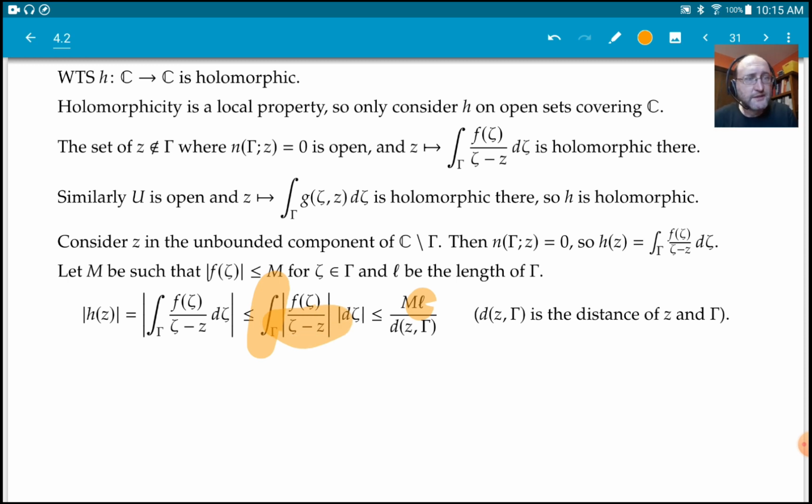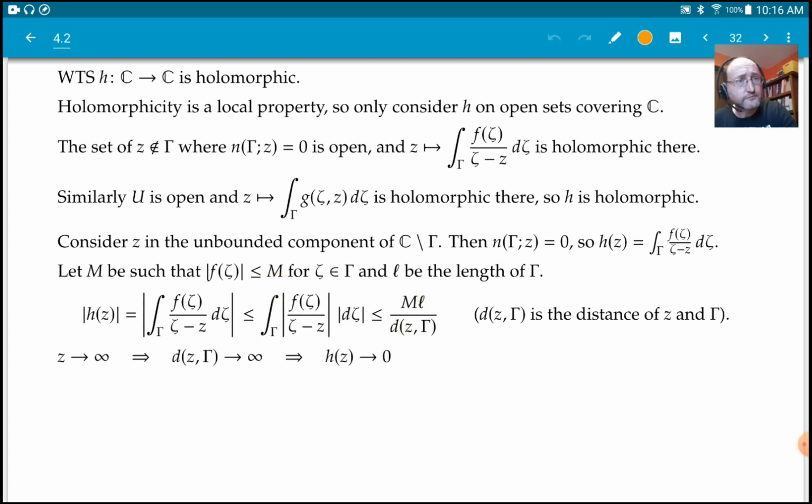The bottom, the absolute value of zeta minus z, is bounded from below by the distance of z to gamma. So 1 over zeta minus z is bounded from above by 1 over the distance from z to gamma. So we get this estimate for h.